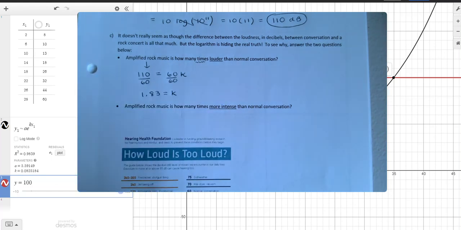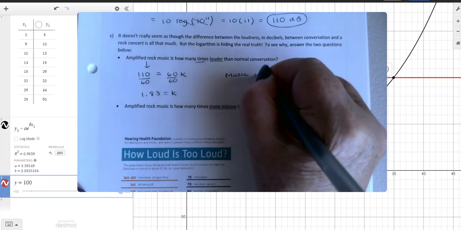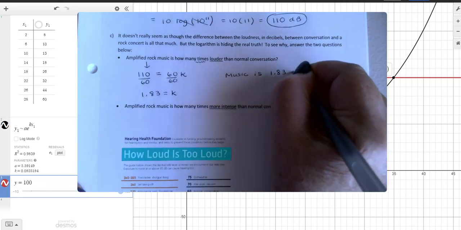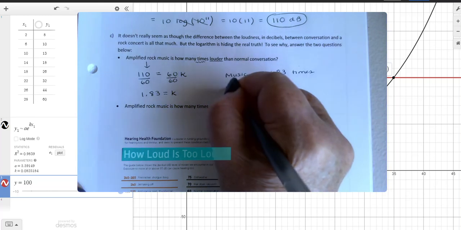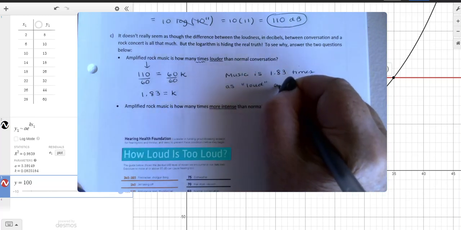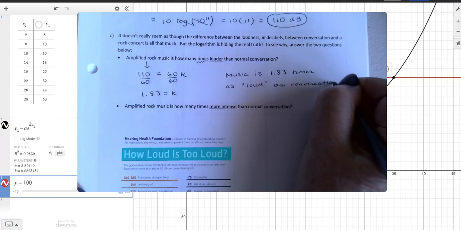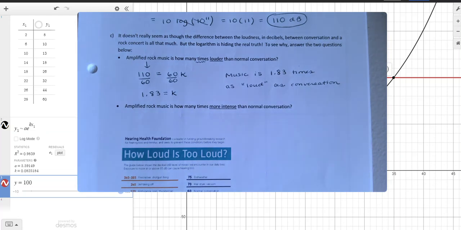So the music is about 1.83 times as loud as the conversation. And I'm putting that loud in parentheses because I'm going to come back to that in just a minute.